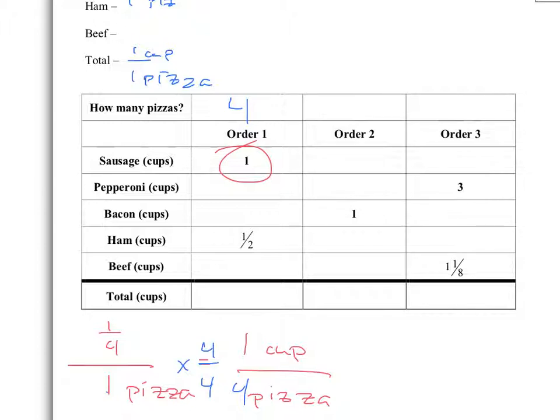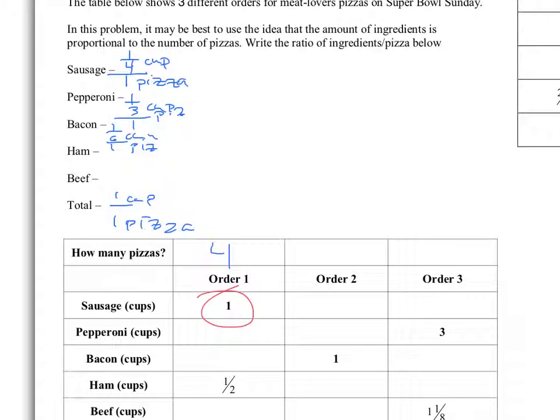Which means that if I start looking down the line, all I need to do to figure out each of these toppings in order 1 is multiply each of the sets of ingredients times 4. For the pepperoni, for order 1, I have 1/3 times 4, and that's going to give me 4/3. For the bacon, it is 1/6 times 4.